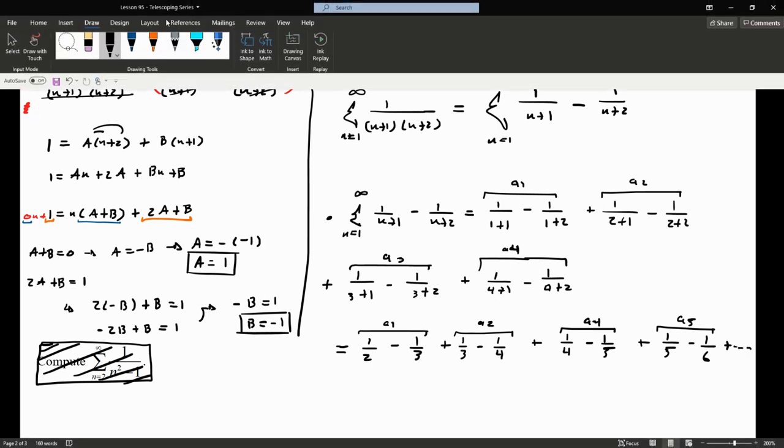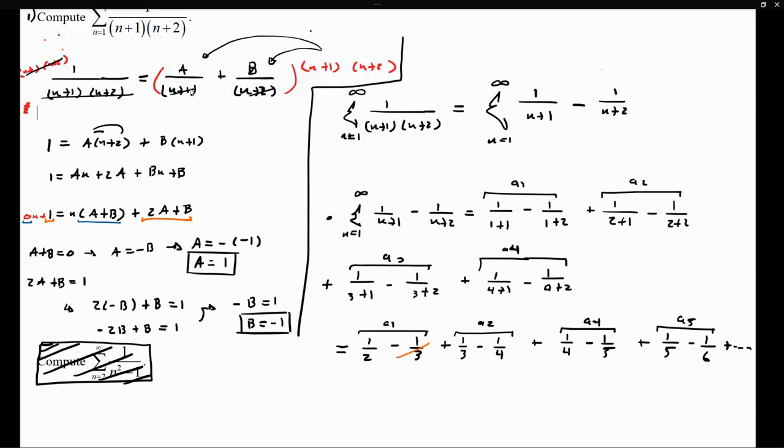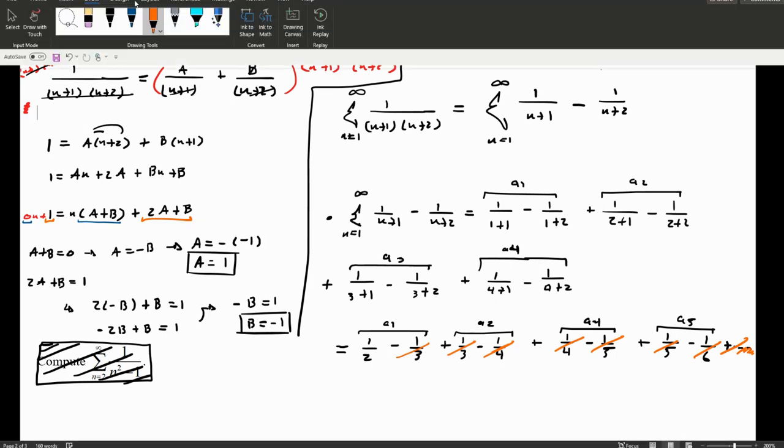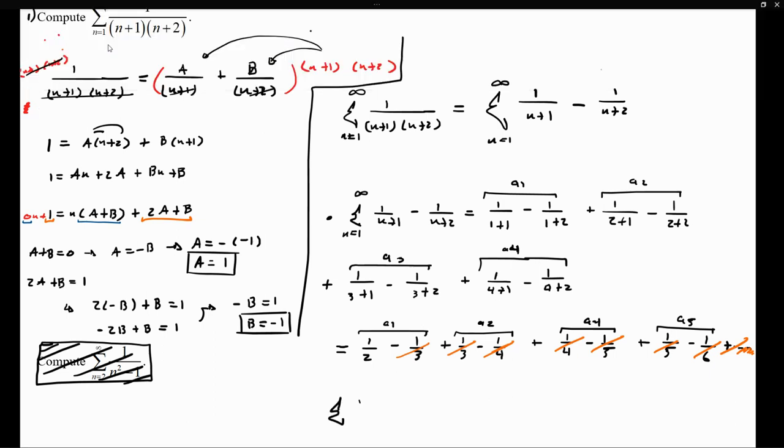But notice that we already have the pattern that we were looking for, because now 1/3 is going to cancel out with this 1/3. 1/4 is going to cancel out with this 1/4. 1/5 with this 1/5, 1/6 with the following, and so forth. So therefore, now we can say that the infinite sum that we were given of 1 over n plus 1 minus 1 over n plus 2, we said that this was equivalent to the infinite sum that we were just computing.